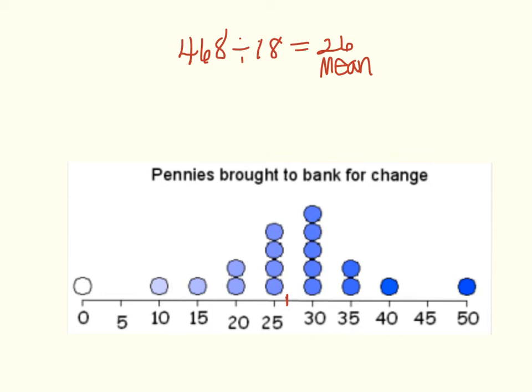All right, now let's get mad. So instead of 25, I'm going to write 1. It's 1 away from 26. 1 away, 1 away, 1 away. 20 is 6 away, 6 away. 15 is 11 away. 10 is 16 away, and 0 is 26 away.